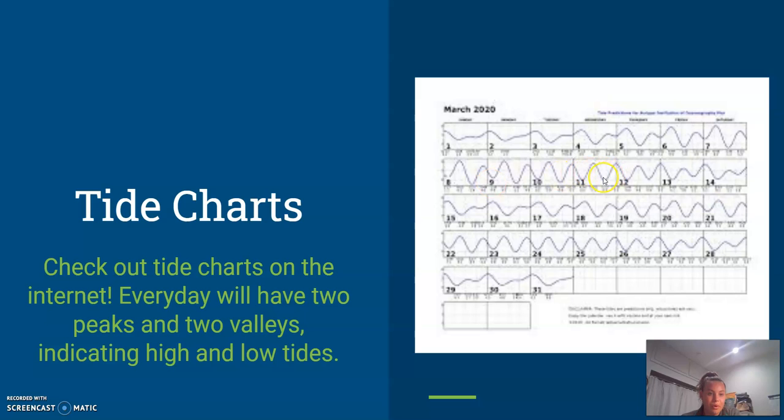And so, for example, the difference between the valleys and the peaks on this strip of days here is a lot more significant than, let's say, on March 1st, 2nd, 3rd of 2020. And so here we had more significant tides, and here the tides were a lot less significant. So here is a possible neap tide, and here is a possible spring tide.